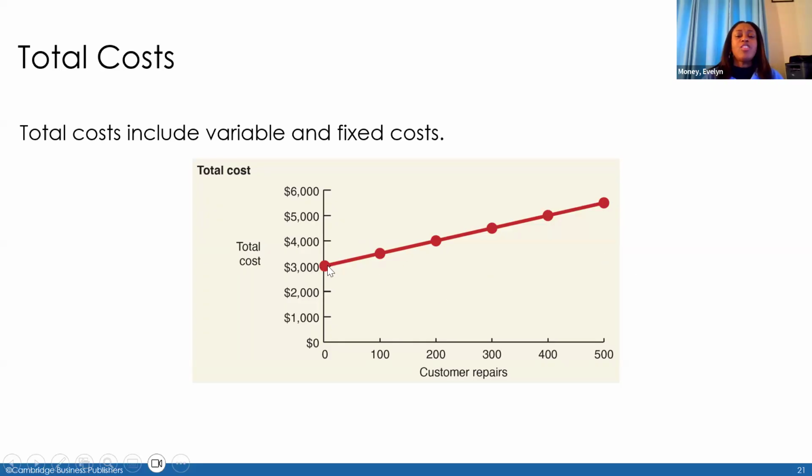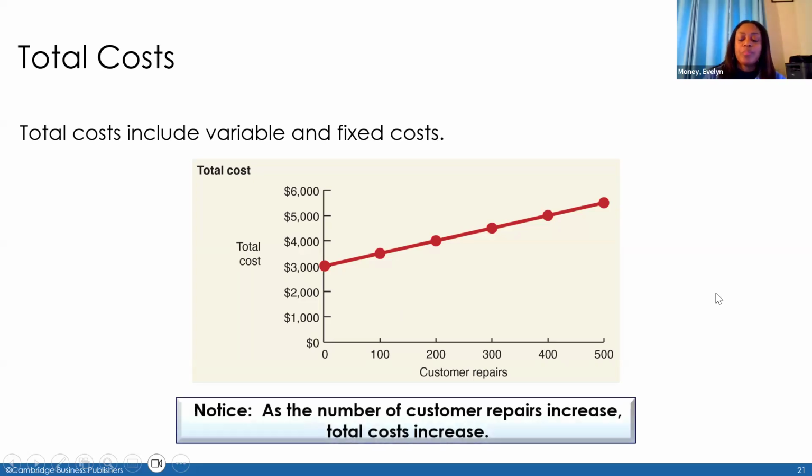But because it starts at the 3,000 level and it continues to go up, that is my mixed cost. So when I have zero activity, I still got to cover that 3,000 in fixed costs. And of course, as the number of repairs increase, total costs increase. That is the perfect definition of defining cost by behavior.